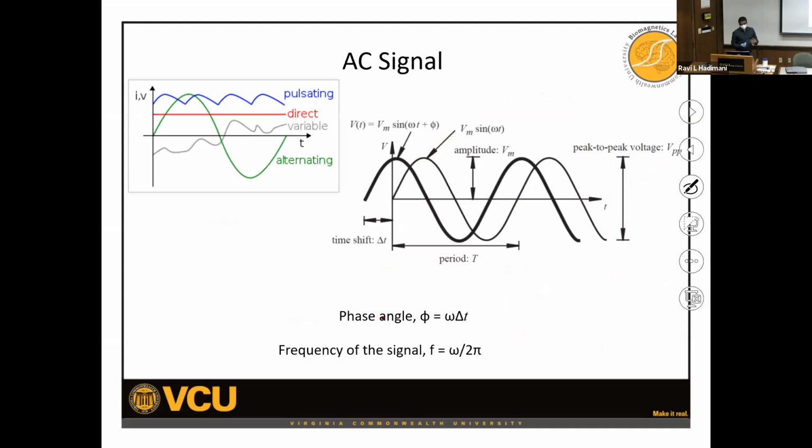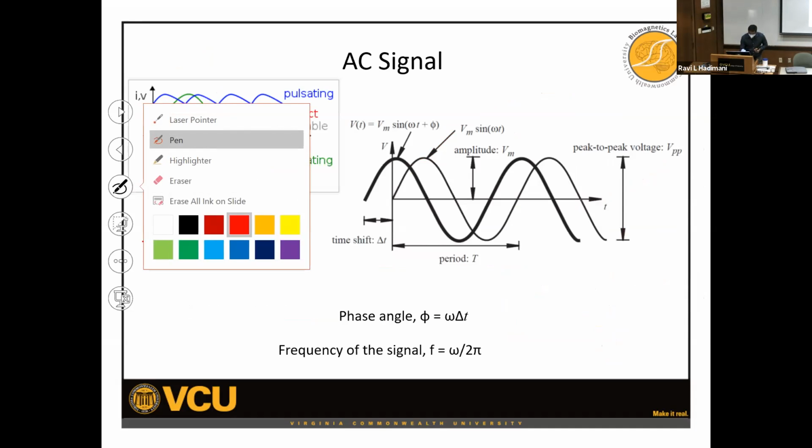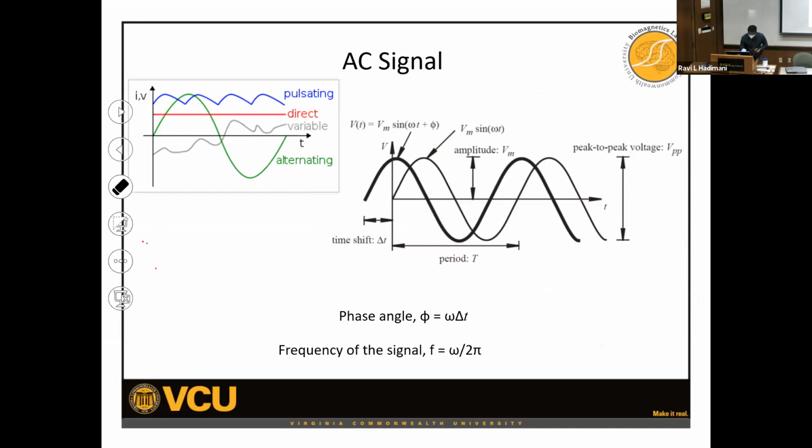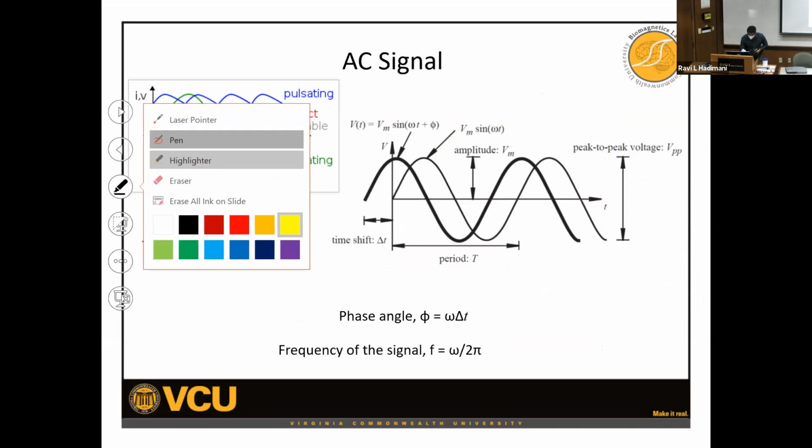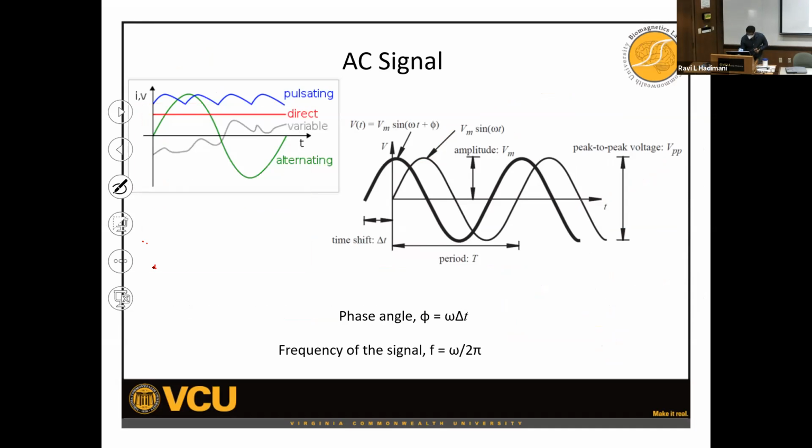Right. So what does the AC signal look like? Or what does the AC power look like? So it's governed by this equation. V of t, okay.